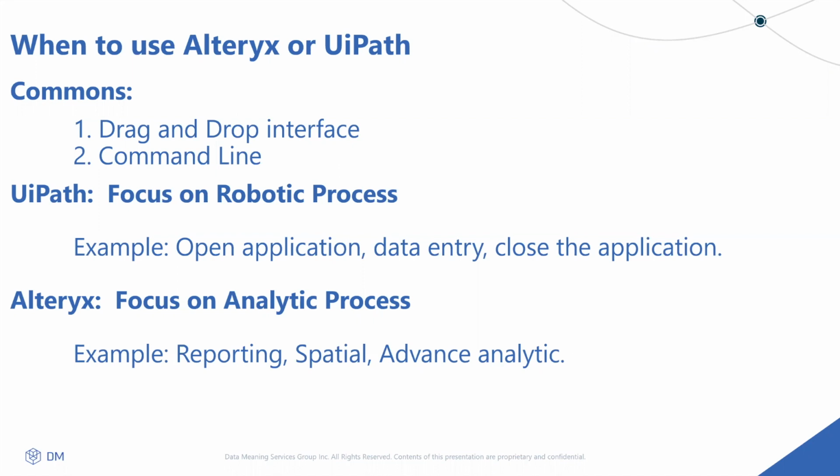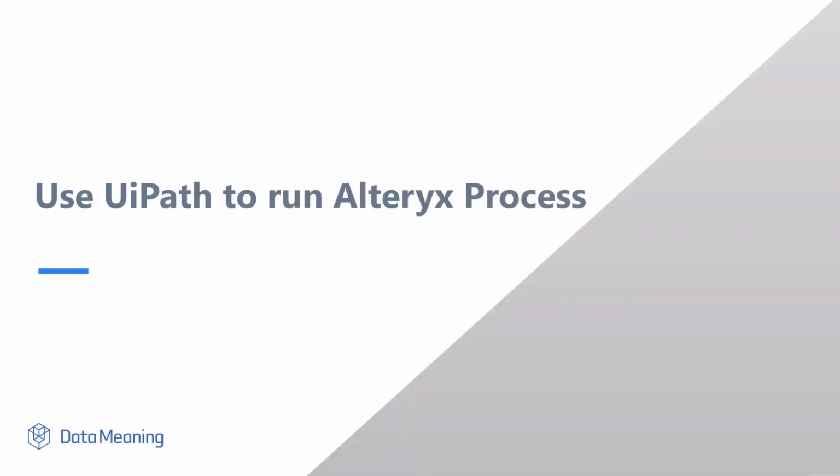You're trying to chain them together and schedule that. So next, we're going to discuss how we can leverage the API or an executable to chain these two tools together. First, I will discuss using UiPath to run the Alteryx process.